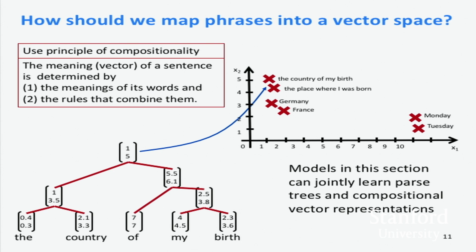We can use them as models that build structure, that actually build a sentence structure as they go, and they will also build semantics, a meaning representation for these phrases as they build up.